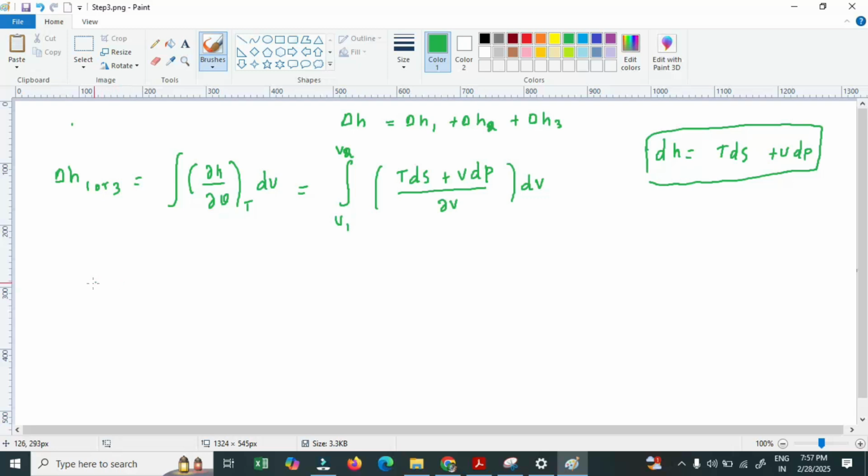Again, I'll be rewriting that. So here T, at constant temperature, dou S by dou V at constant temperature plus V dou P by dou V at constant temperature into dV.